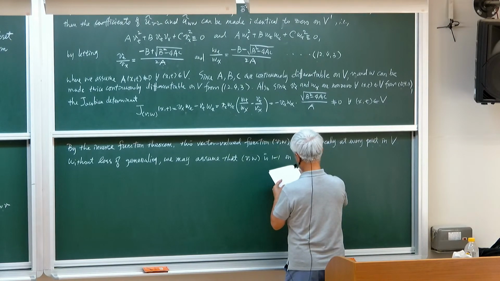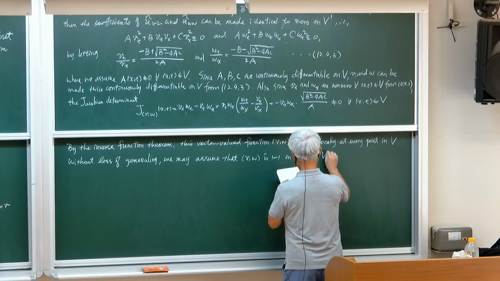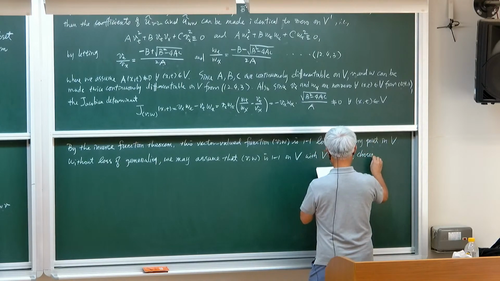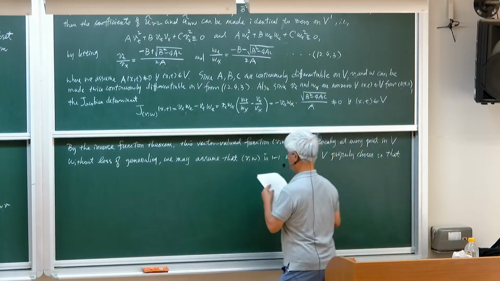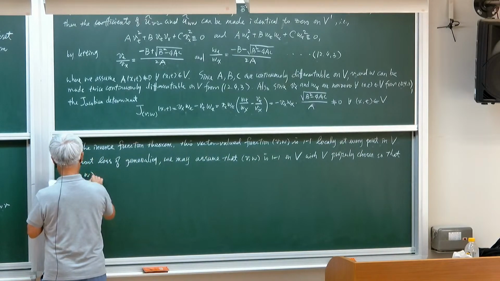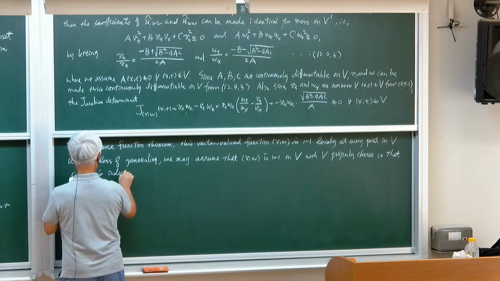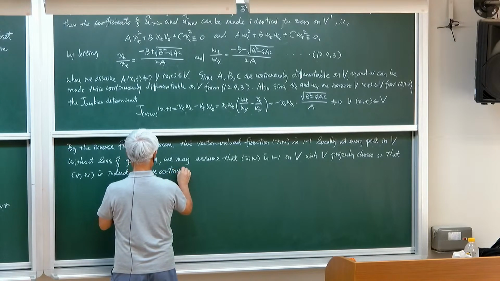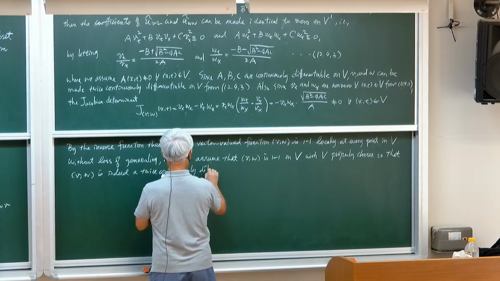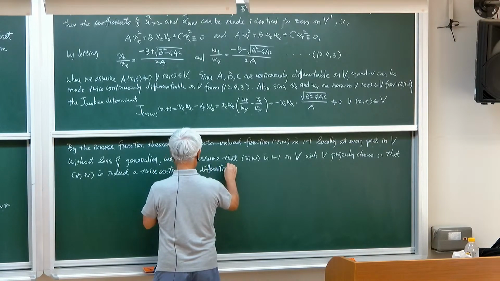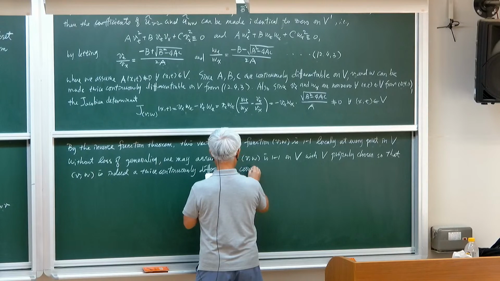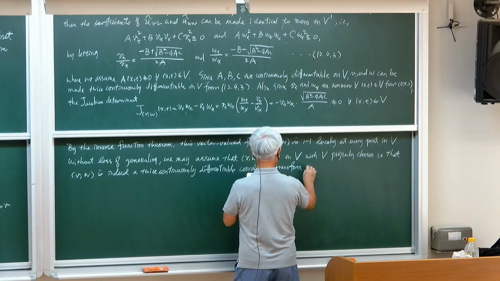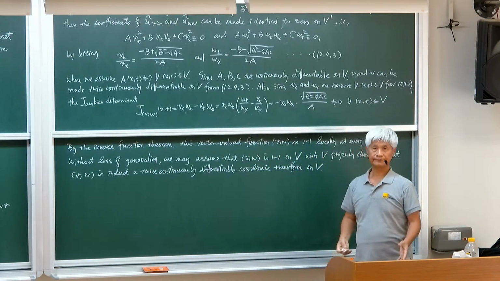So in V, with V properly chosen, so that (V, W) is indeed a twice continuously differentiable coordinate transform on V. Right?